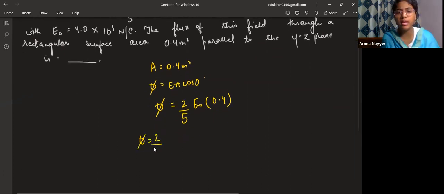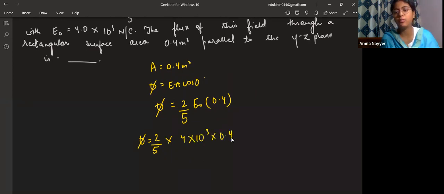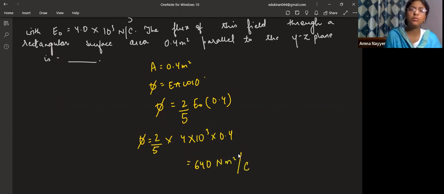Flux will be 2 by 5 into E naught, 4 into 10 to the power 3, into area 0.4. When you solve this, it will be around 640 Newton meters square per coulomb. So this was correct, yes.